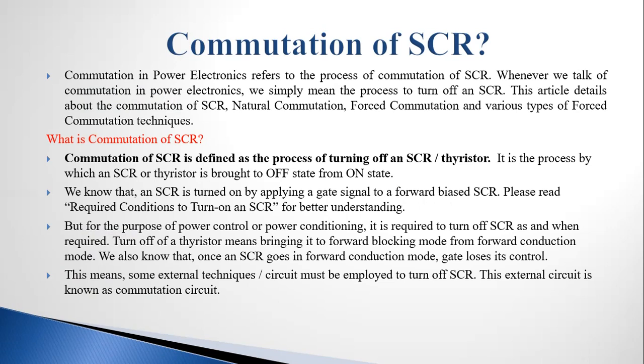This article details the commutation of SCR. In commutation techniques, there are natural commutation and forced commutation, and various types of forced commutation are included. Commutation of SCR is defined as the process of turning off an SCR or thyristor.